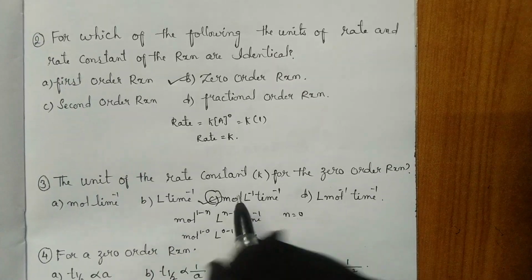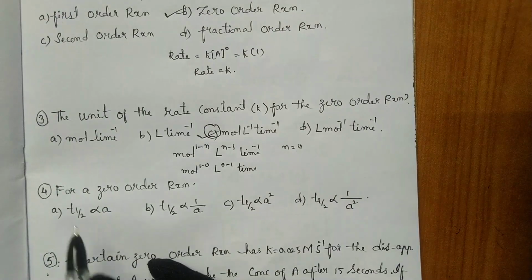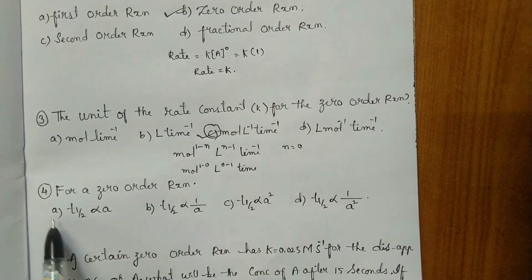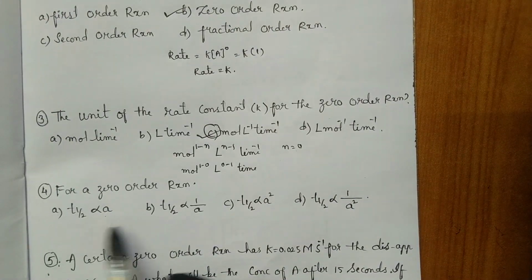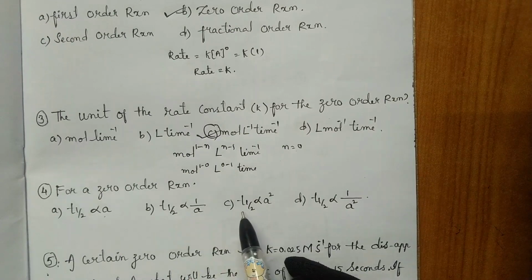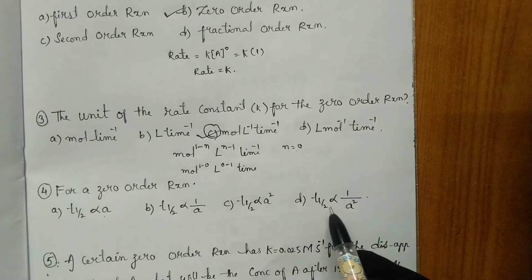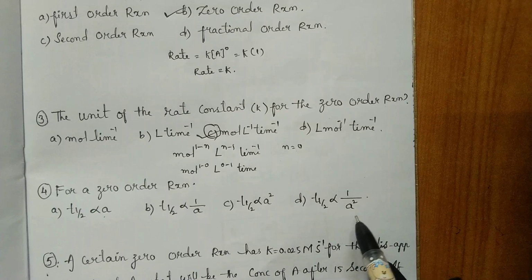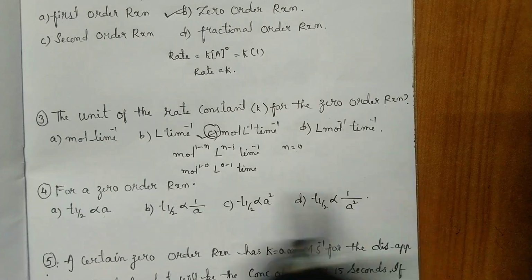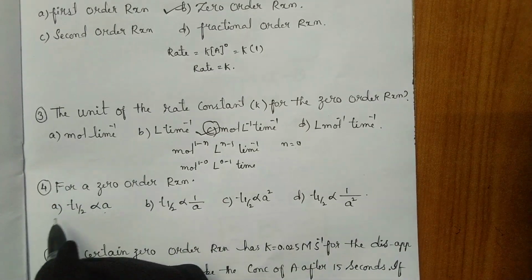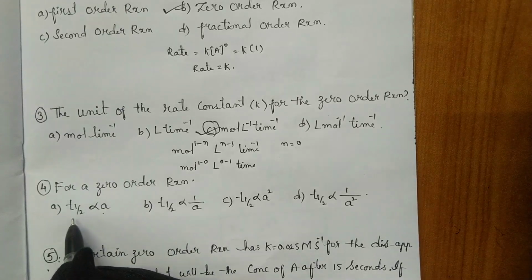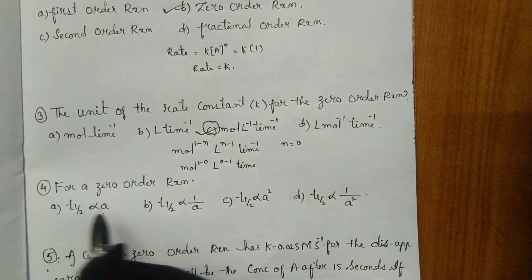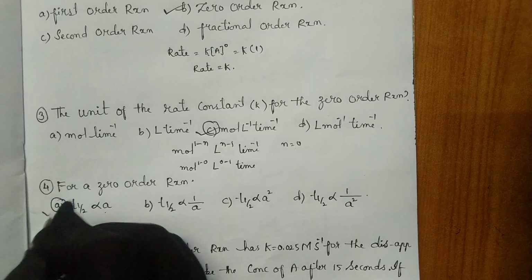So option C is correct. Now the fourth: for a zero order reaction, is T half directly proportional to A, inversely proportional to A, directly proportional to A square, or inversely proportional to A square? We have already discussed this. T half is directly proportional to A for a zero order reaction, right?